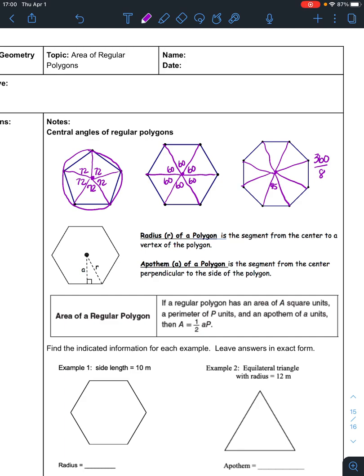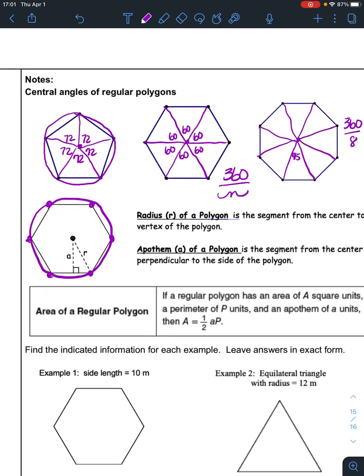Okay, so if you are asked to find the central angle of the shape, it's 360 divided by the number of sides. Now, if we took this hexagon right here and drew a circle, because I want to explain why some of the vocabulary is what it is, pretend that each of these points is on the circle.